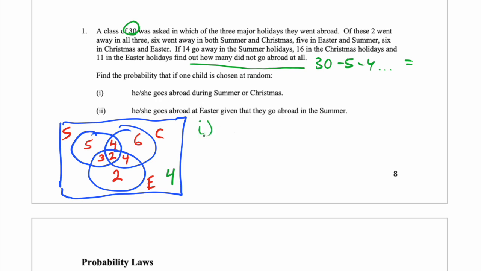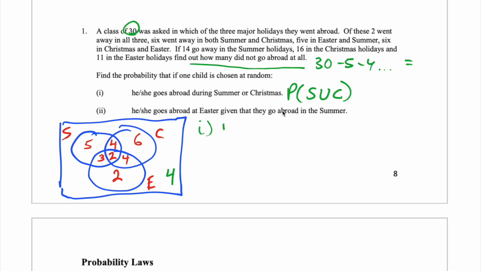Find the probability he goes abroad during summer or Christmas. Okay, probability of summer or Christmas. That means you can look at the entire circle for summer and Christmas and add those all together.